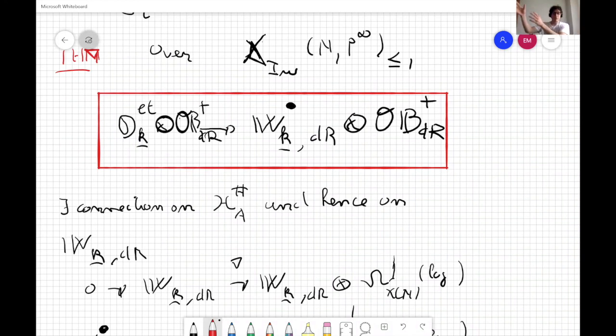They should be objects constructed by pulling back things from the flag variety to the Shimura variety, and those objects should be like Verma modules or completions of those Verma modules.